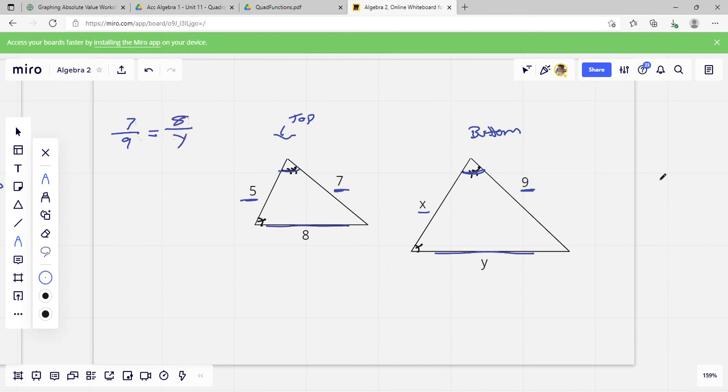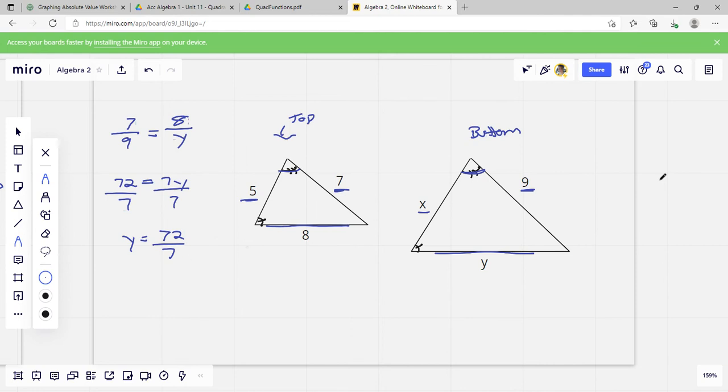And then easily we can solve that by cross multiplying. 9 times 8 is 72, equals 7y, divide by 7, y equals 72 over 7, and in the book they just left it like that, 72 over 7. I think, let me make sure.